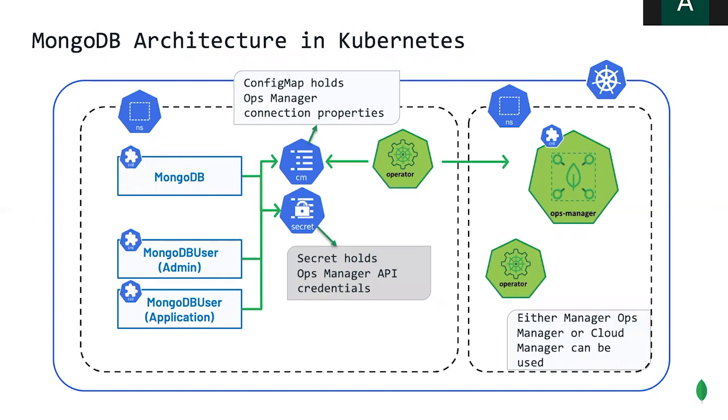One is to apply the MongoDB CRD, which declares what kind of cluster the operator needs to provision, as well as a number of CRDs that represent MongoDB users. Typically, we would deploy multiple CRDs. One will be, let's say, an admin user that has full access to the database. One would be the application user, let's say represented by an X509 certificate or SCRAM-SHA.